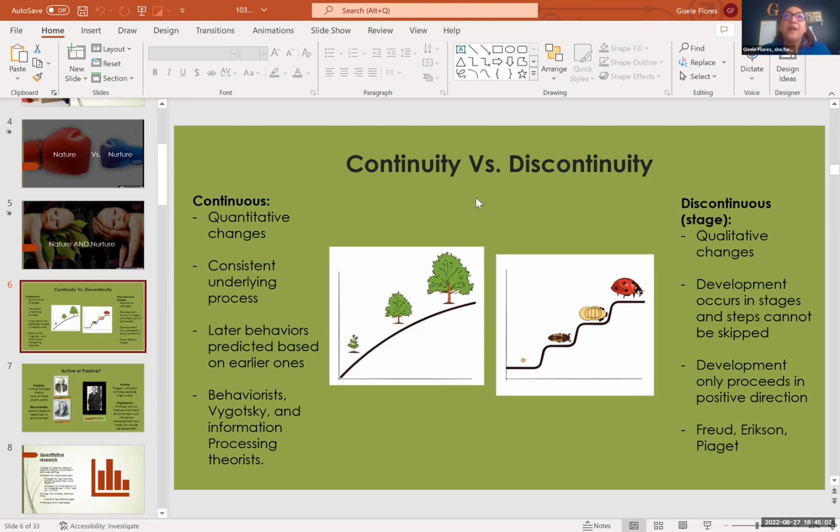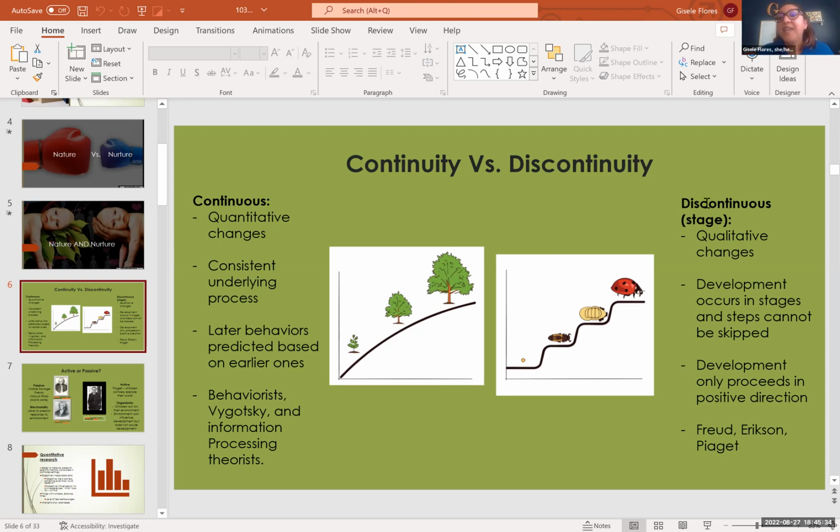A lot of the behavioral theorists that we're going to cover in this chapter were continuous theorists. They were also joined by other theorists like Vygotsky and information processing theorists who also thought that, you know, the world can kind of shape that continuous process.